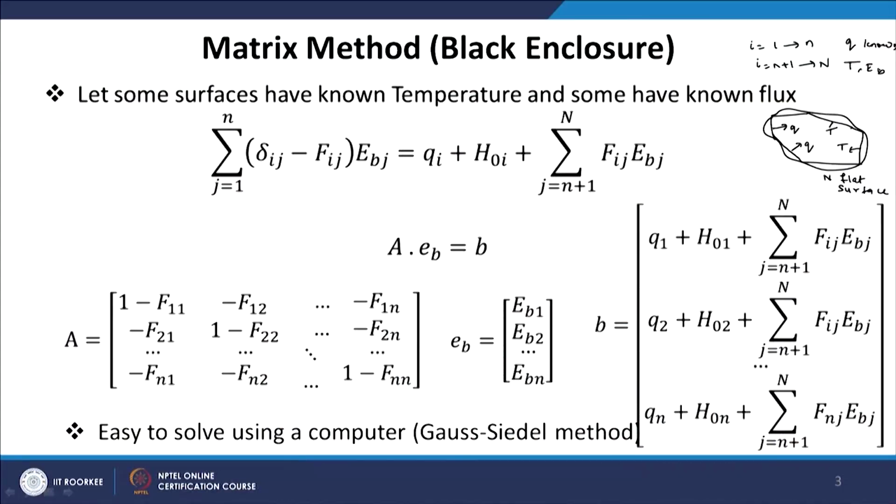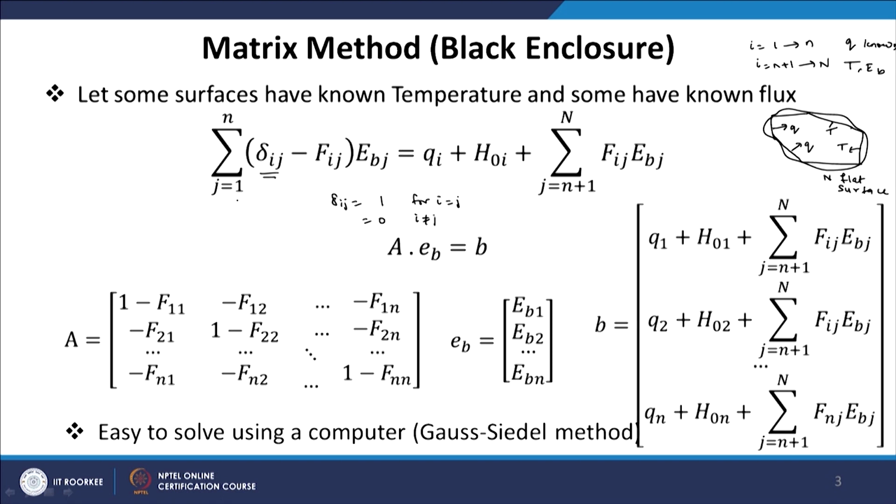So, we write our energy balance equation that we have derived earlier, and we introduce a variable called Kronecker delta. So, delta ij is simply equal to 1 for i equal to j and is equal to 0 for i not equal to j. This is just for computer notation, we have introduced this parameter.